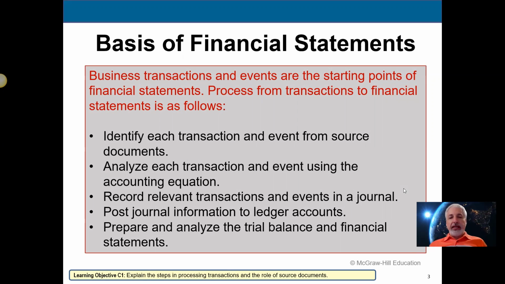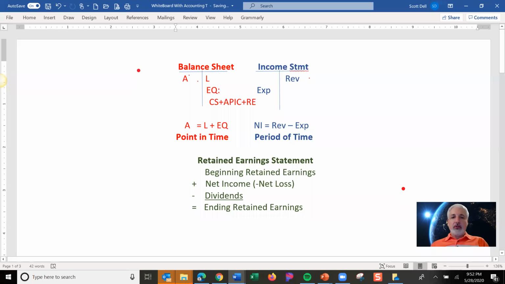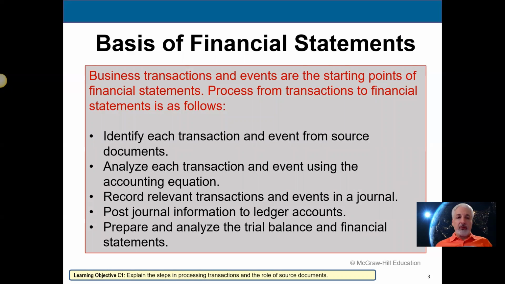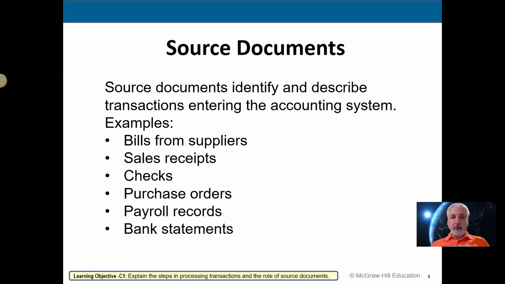We're going to take the events, put it in a journal, and from the journal, we'll transfer to the ledgers, those T accounts, which actually, if you recall, those are T accounts right there, the income statement, the balance sheet. Those are the T's in our T accounts. We'll talk more about those. And then we will prepare and analyze what's called the trial balance, which is a listing of all the accounts with balances. So far, so good.